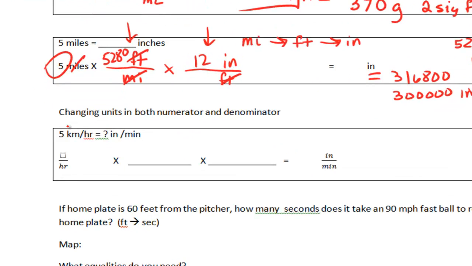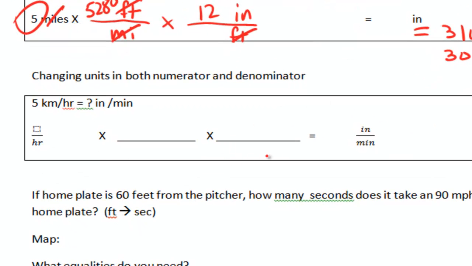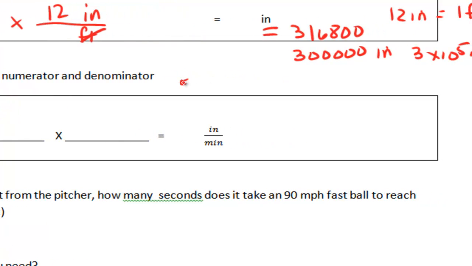Here I'm taking 5 kilometers per hour, and I want to convert it to inches per minute. So the kilometers needs to change into inches, and the hours needs to change into minutes. Well, I don't know how many kilometers there are in an inch, but I can use my metric conversions to take 5 kilometers and change it into centimeters.